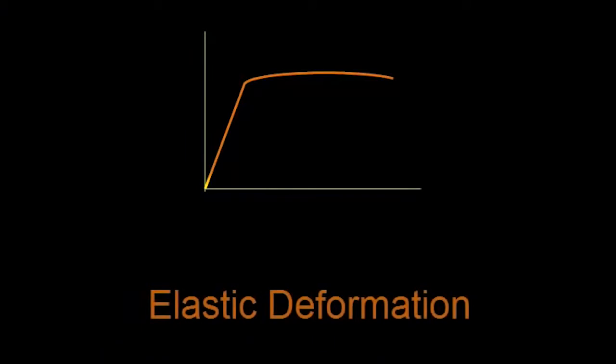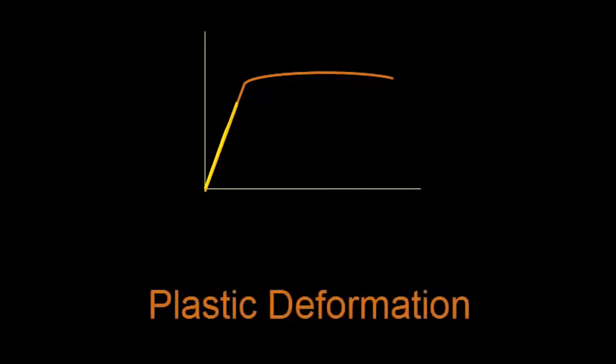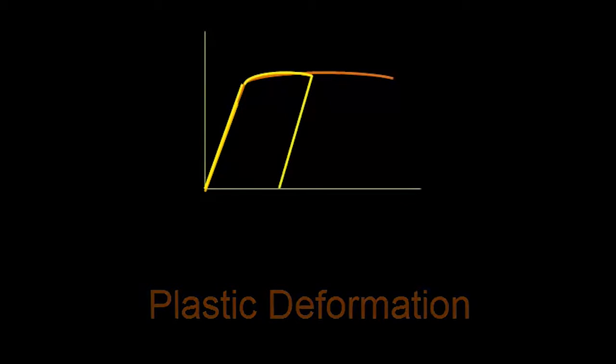For example, if we load the material from the origin to the elastic limit and go into the plastic region, and then release the force, the material will try to restore its position, but some permanent deformation will remain.